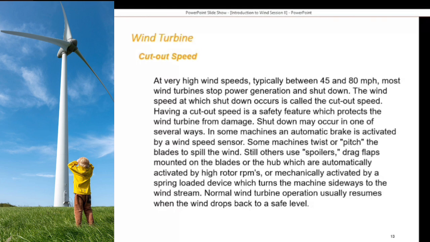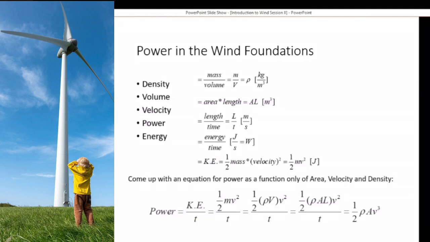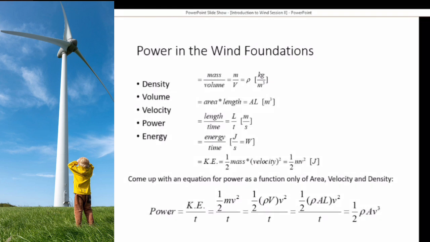Still others use spoilers, drag flaps, and so forth, things that you can read. So now, those are the output power of a wind system.